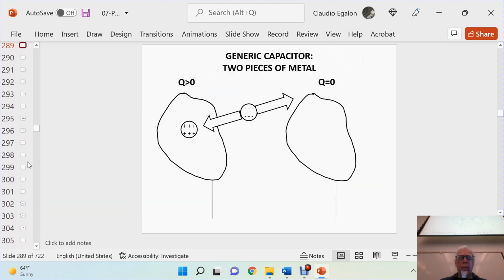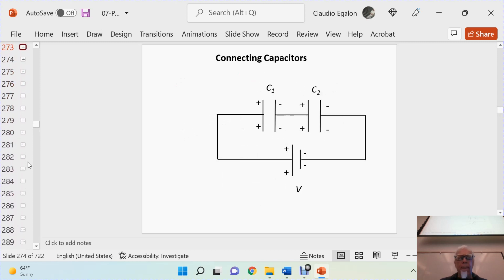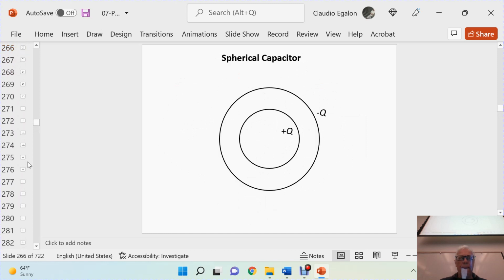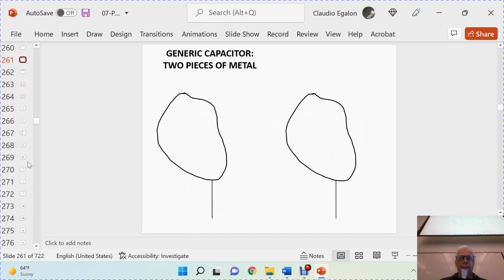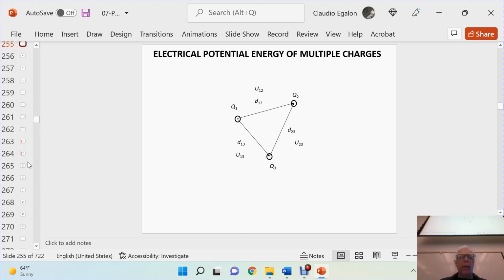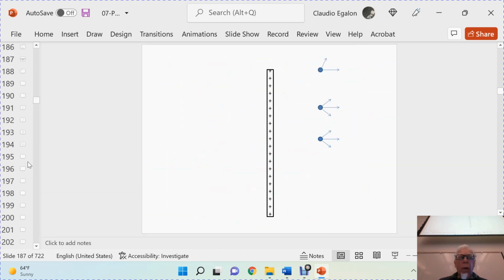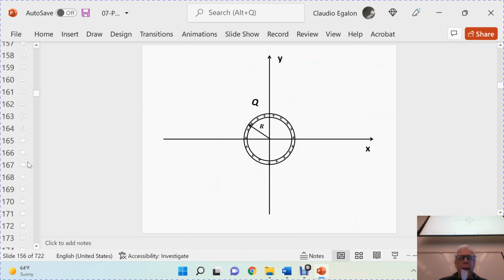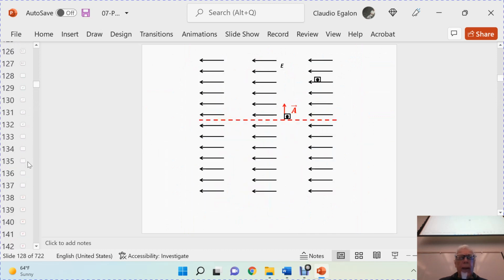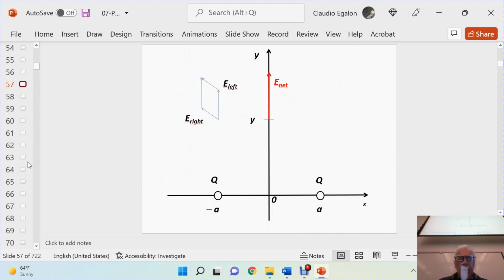I don't have an illustration for a dipole here, but we can go to the previous one that we saw for the electric field. We had an illustration for a dipole. Here you go. This is not a dipole yet. This is a dipole.